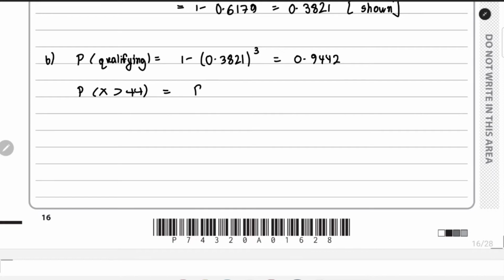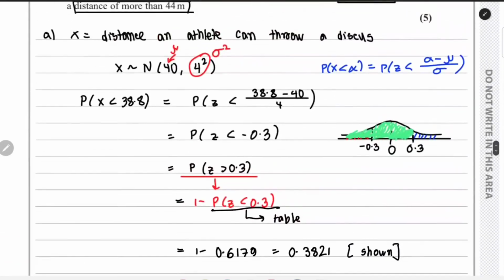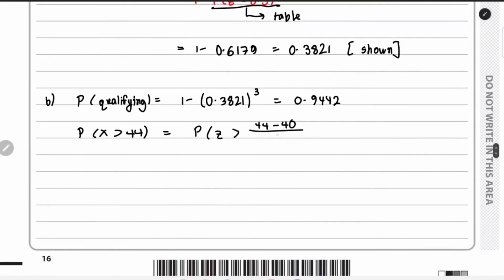So this will be probability z greater than (44 minus 40) by 4. So probability is z greater than 1. It's like this. So it would be 1 minus probability z less than 1.